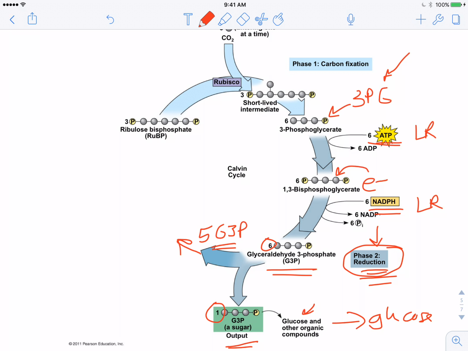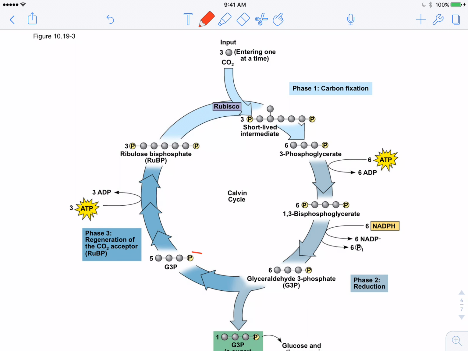And those 5 G3P are used, here they are, to regenerate our carbon dioxide acceptor, which is RuBP.